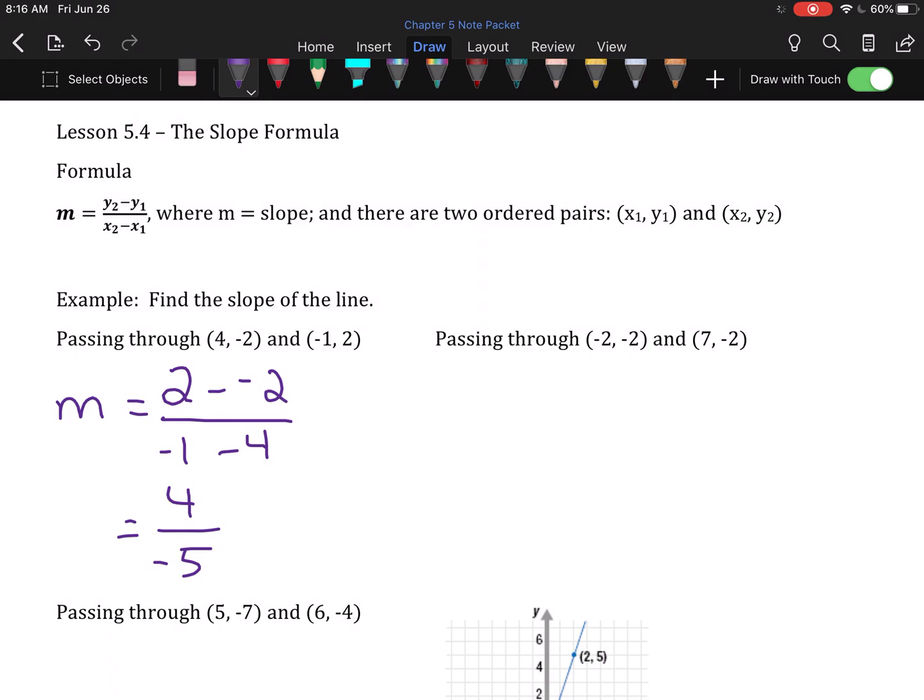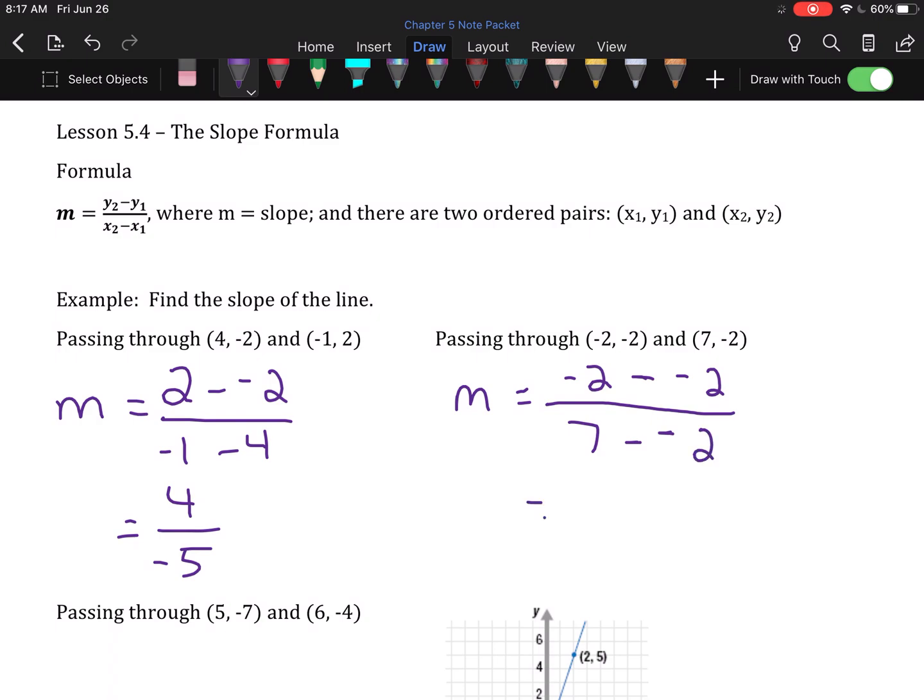For the next example, we're going to have the second y value, which is the far right negative 2, minus the first y value, which is the second negative 2 in the first ordered pair, over the second x value, which is the 7, minus negative 2, because negative 2 is again the first x value.